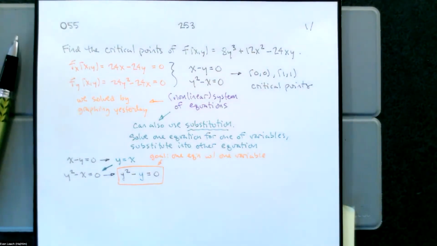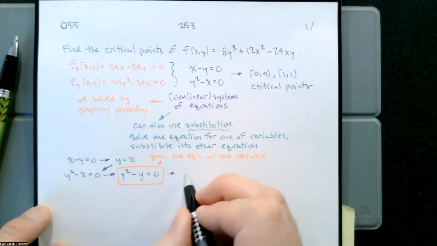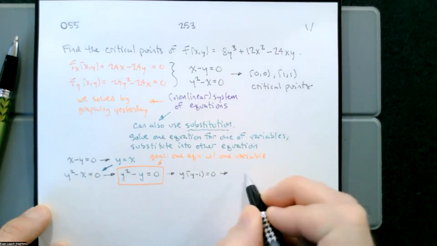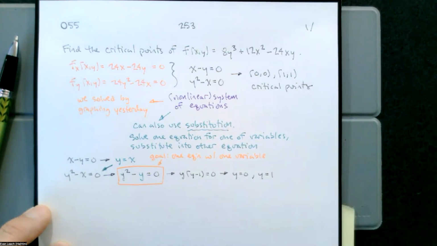So if y squared minus y is equal to 0, that means y times y minus 1 equals 0. And so that means y equals 0 or y equals 1.